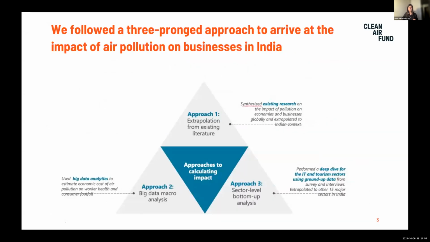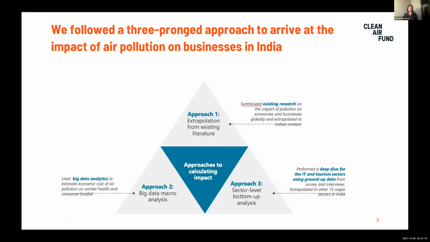So in order to look at these 6 pathways, we used a 3-pronged approach. These include looking at the existing literature and research out there in the world, which has quite a bit on economic impact, but not so much specific to India. So we looked at the methodologies used around the globe to see what we could borrow.